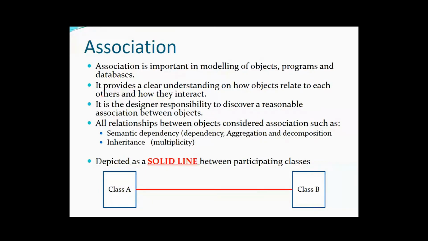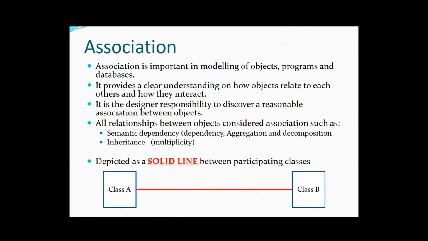If you want to understand the system more perfectly and look at the objects and their relationships with each other, the association gives you an indication about all these things. It tells you which object interacts with the other object, which object has a relationship with other objects, and so on.